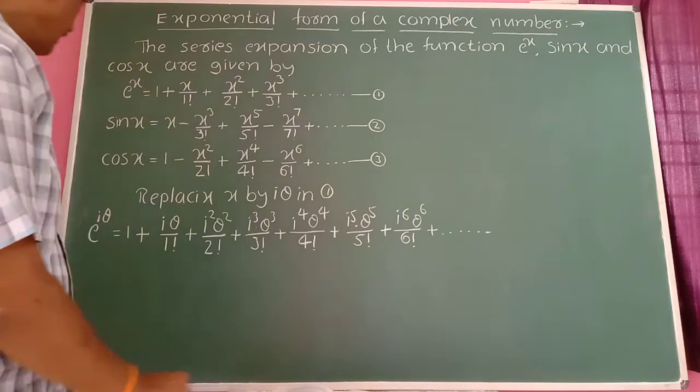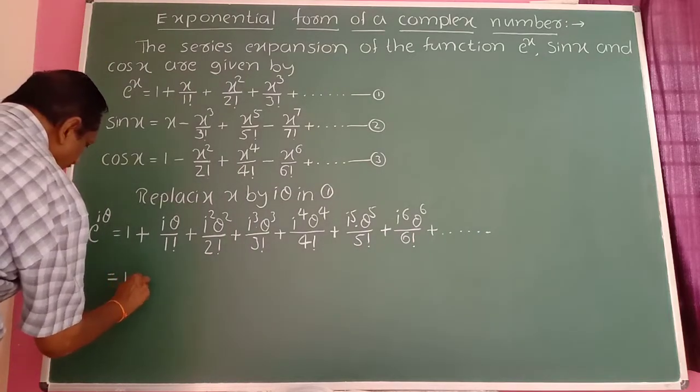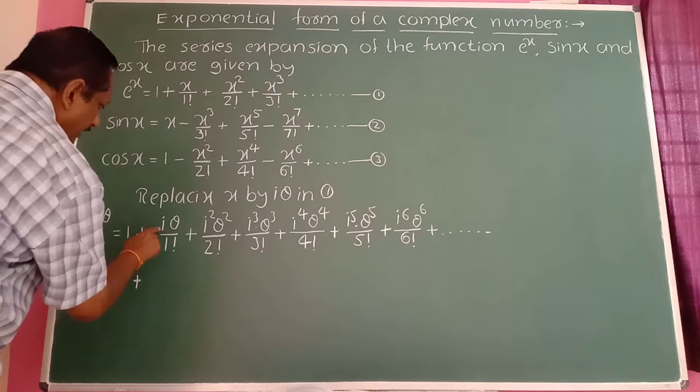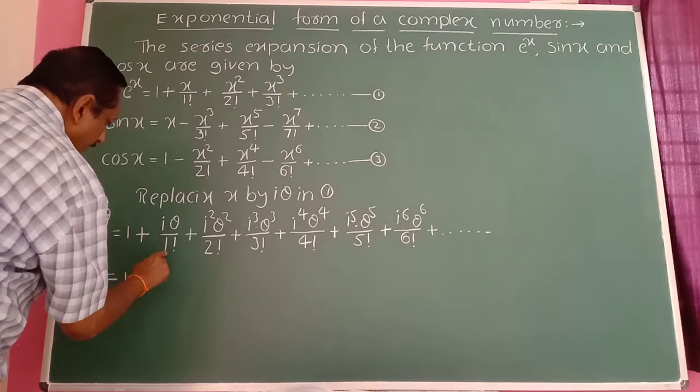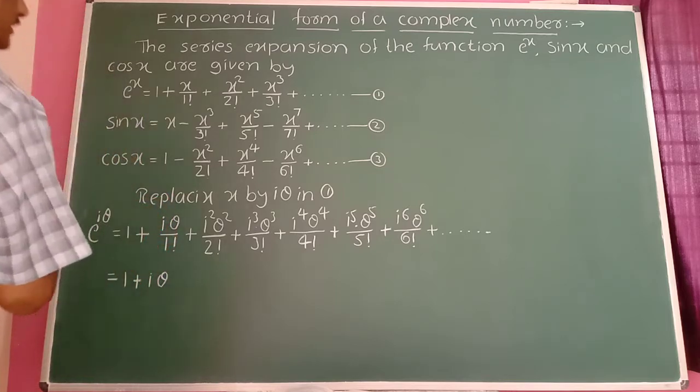Then this is equal to 1, write this one as it is, plus i theta divided by 1 factorial.